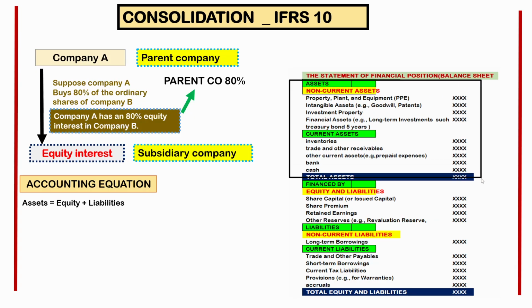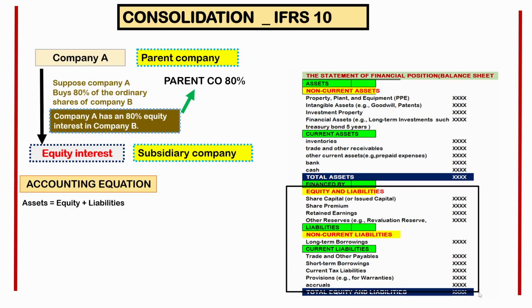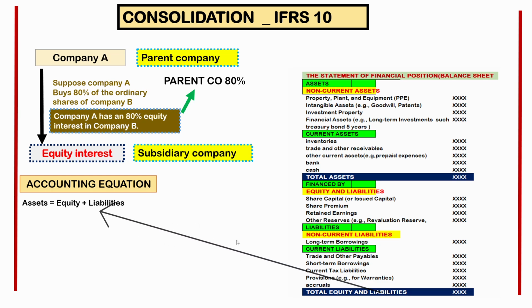All these are our asset here, and this is the composition of our asset. And when we refer to the equity and liability, we are referring to these sections of our statement of financial position.